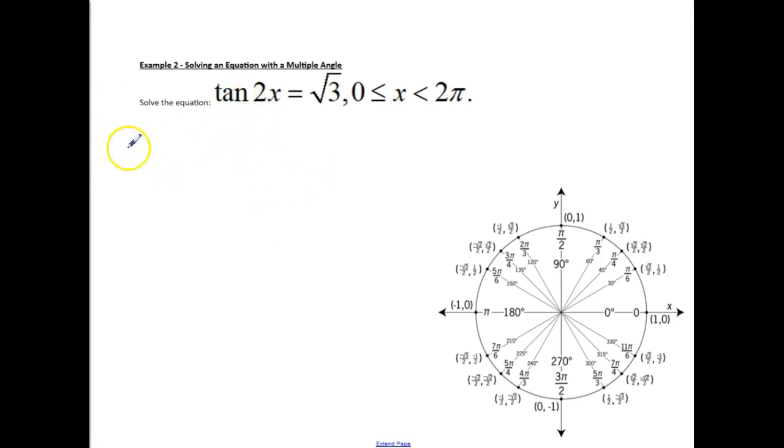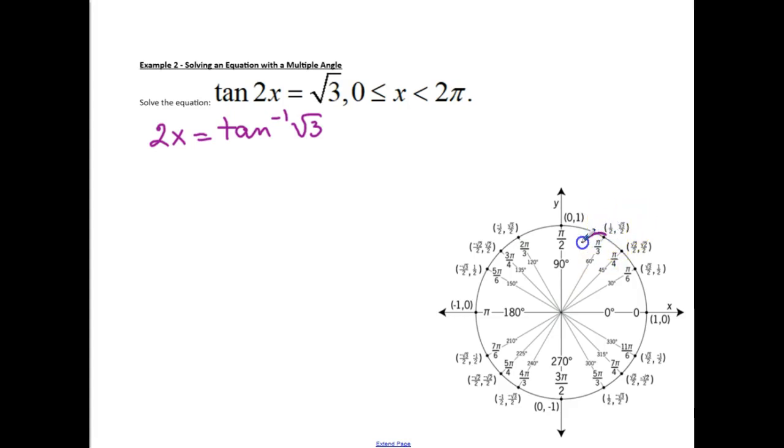Okay, to solve this, I'm solving for 2x is equal to the tangent inverse of square root of 3. Or, what are the angles that have a tangent of square root of 3? Remember that the tangent is the ratio of y over x.